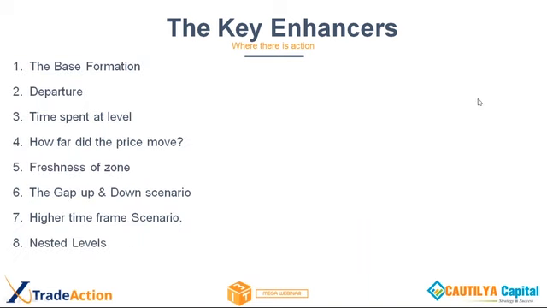There are 8 major enhancers in price action. One is the base formation, the departure from the zone, the time spent at the zone, and how far the price moved from the zone, the freshness of the zone, which every one of you has already learned, and the gap up and gap down formations, which you also learned yesterday, the higher time frame scenarios, the HTF analysis which we roughly did yesterday, and finally nested levels.